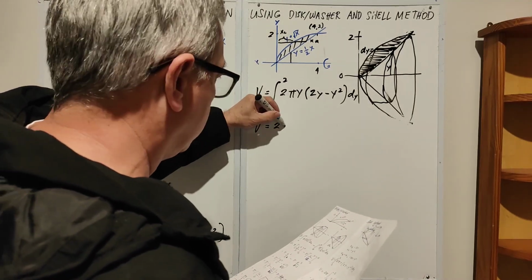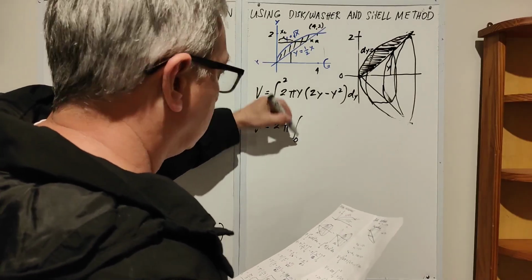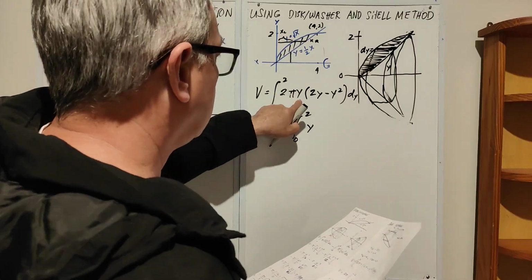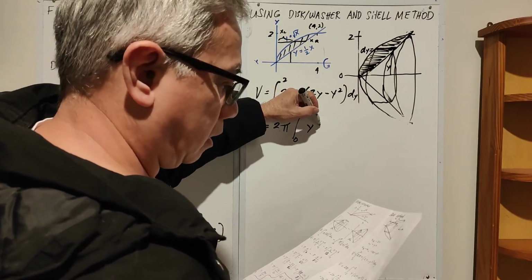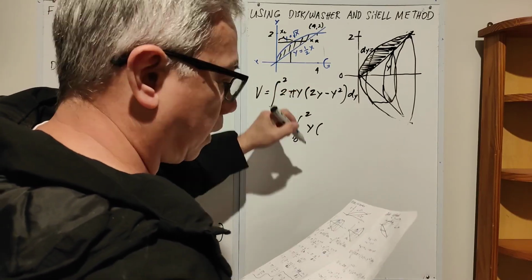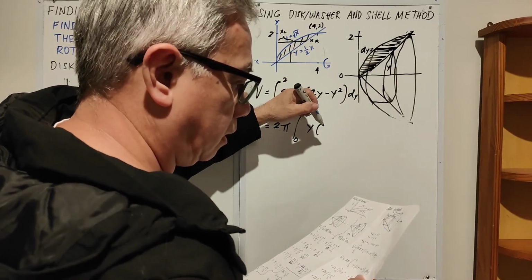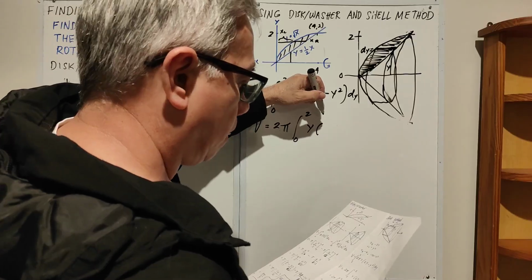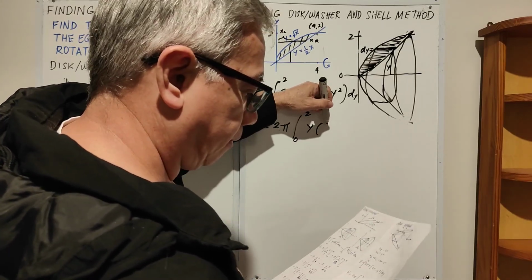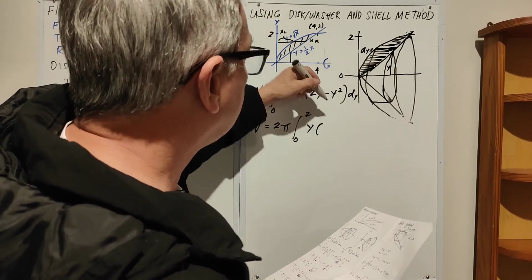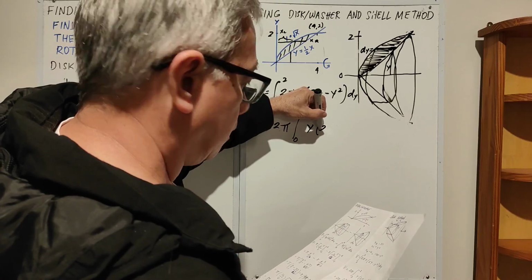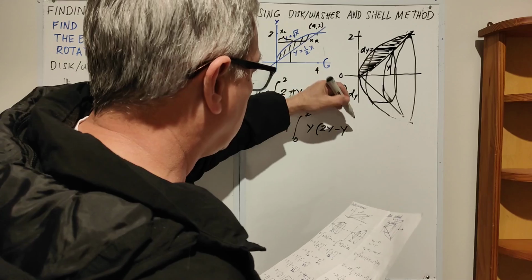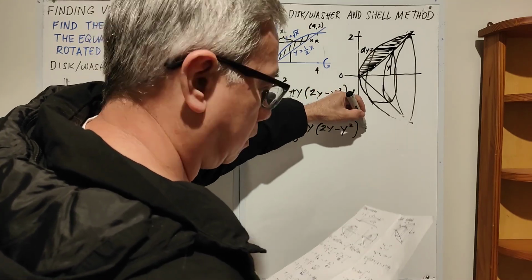So 2 pi, and then the integral from 0 to 2 of y multiplied by 2y minus y squared dy.